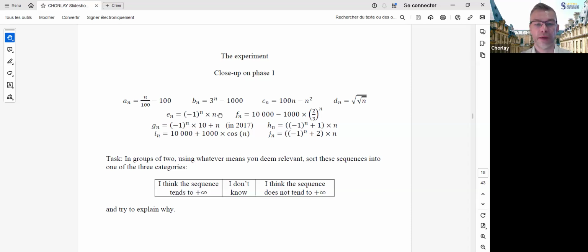You have added small waves. H alternates between, well, that's 0 and 2n. So maybe it tends to positive infinity and to 0 just as well. I, again, waves. And J alternates between n and 3n.